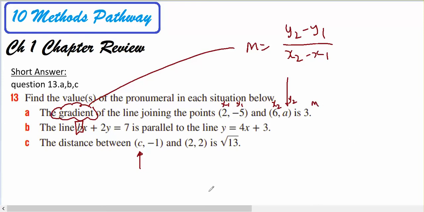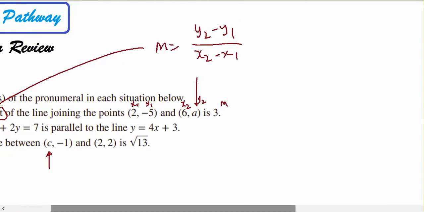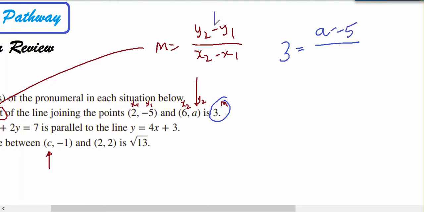So I can substitute so that this equation then becomes three equals, because the gradient's 3, y2 I don't know, so a, y1 I do, minus minus 5. Remember there's a minus in the formula and y1 is negative 5.